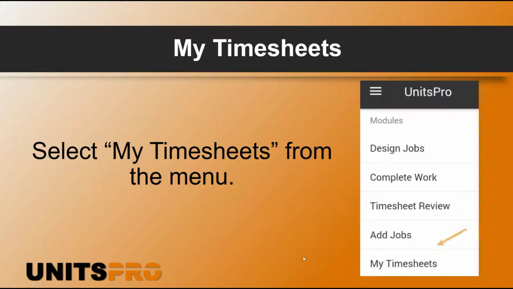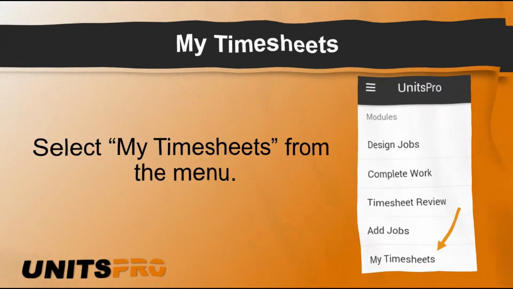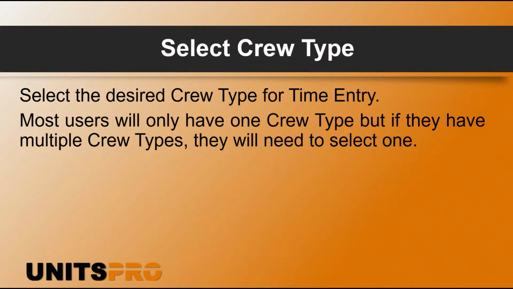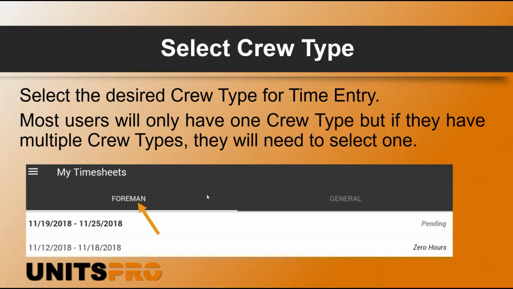Once you've logged in, you'll see My Timesheets. And here you can go ahead and select whether you want to use the general foreman time or the general time. If an individual only has general time, obviously this will be the only selection or option available.